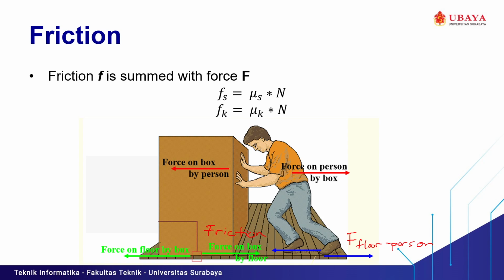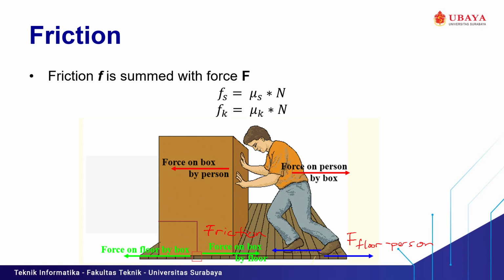So maybe after this, when you observe yourself walking, try to walk more slowly in steps. When we walk, the first step we do is to push ourselves against the floor, and we push it backwards. If we want to move forward, the first thing we do is to push our feet backwards.